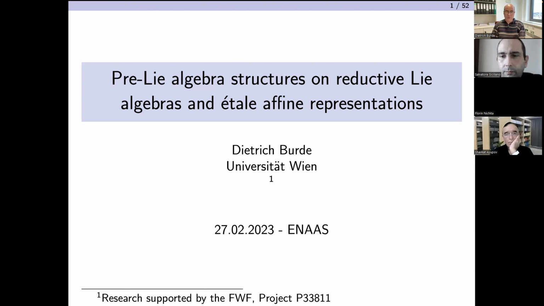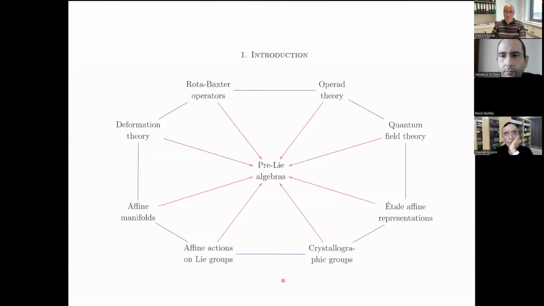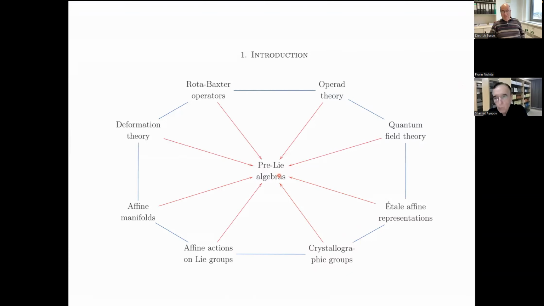Okay, I want to go forwards. I have planned a little bit longer introduction to show you about pre-Lie algebras, the topics where these algebras arise in a substantial way.